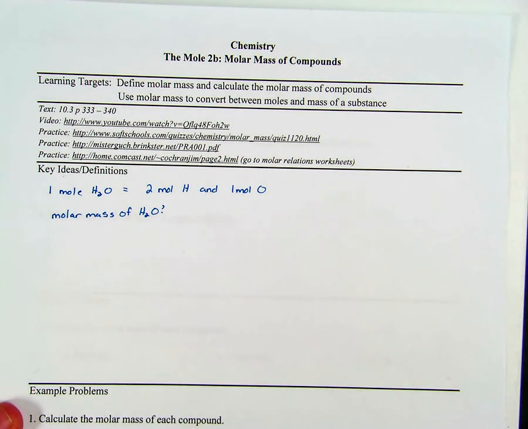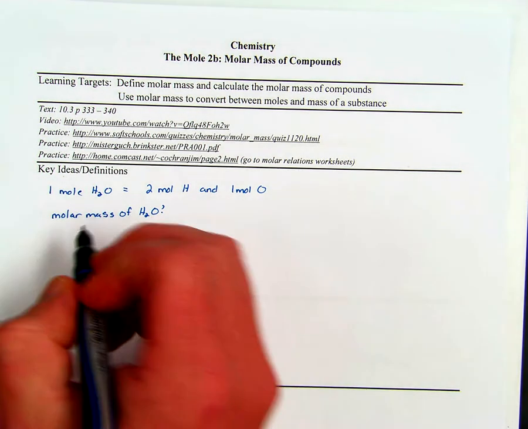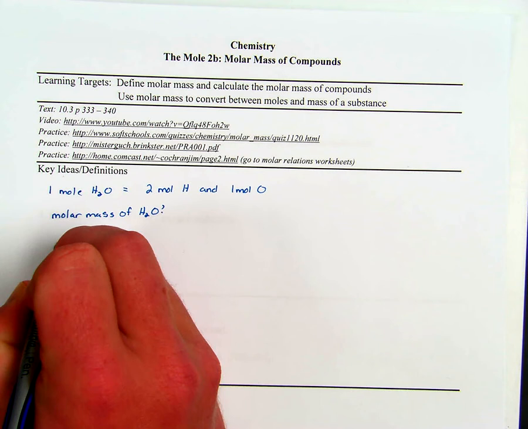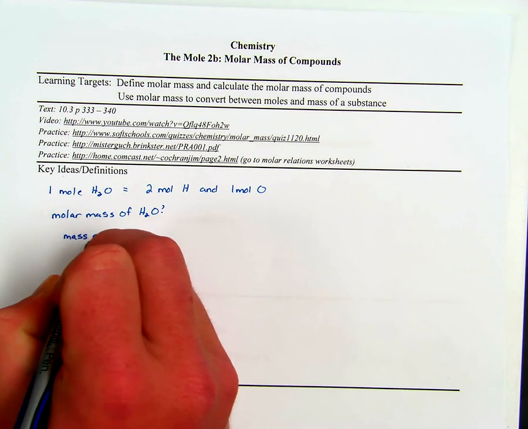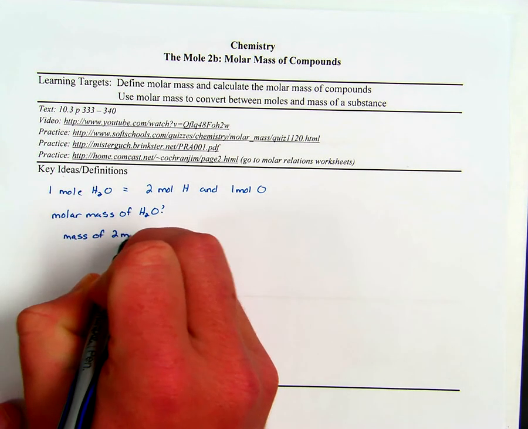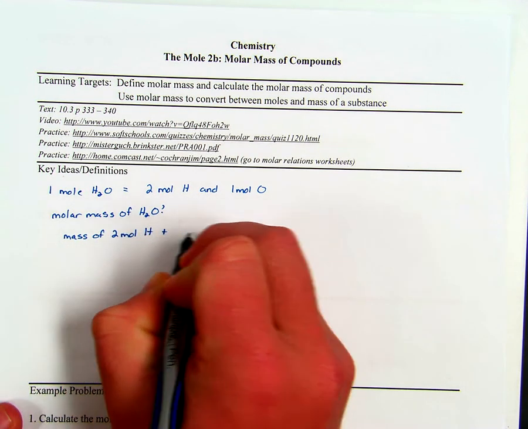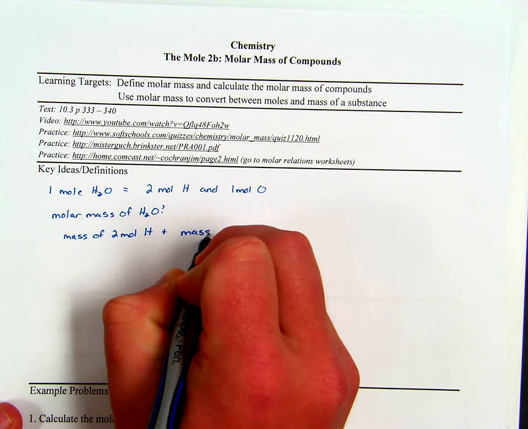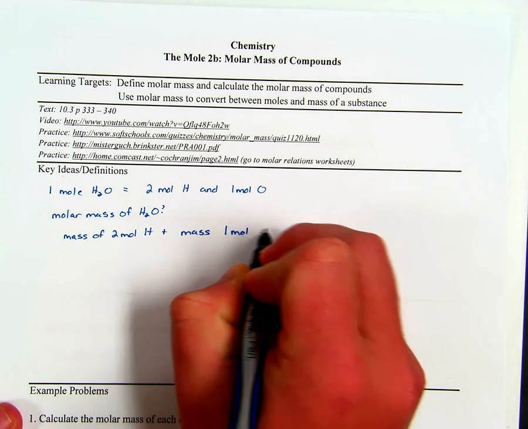So the molar mass of water would simply be the mass of 2 moles of hydrogen plus the mass of 1 mole of oxygen.